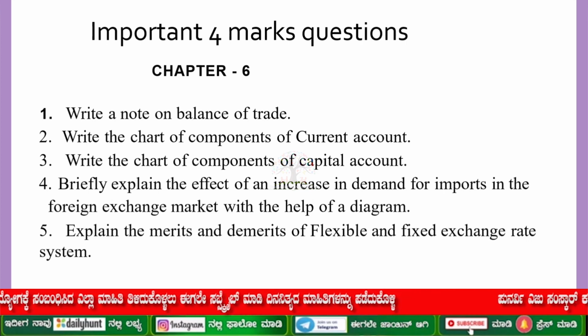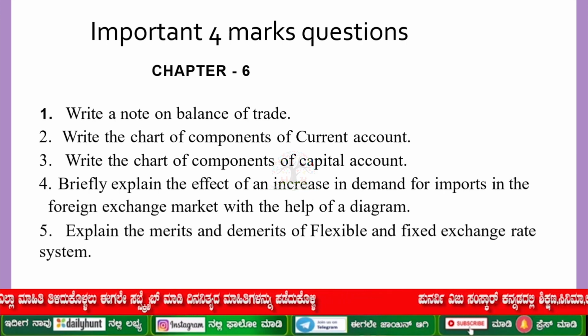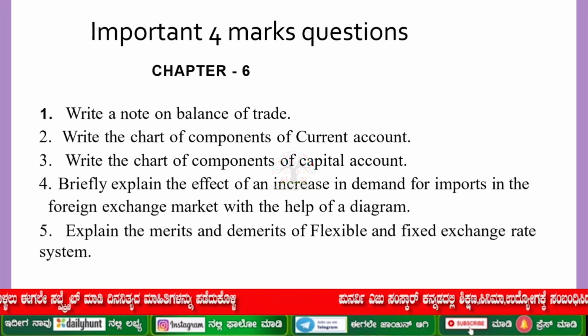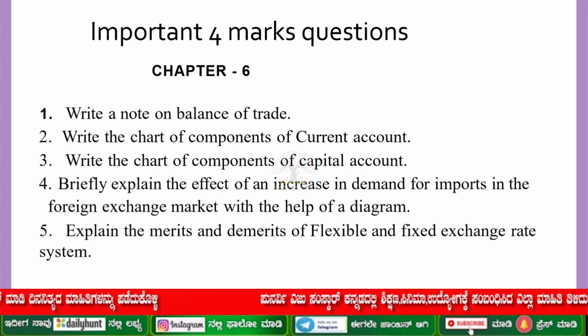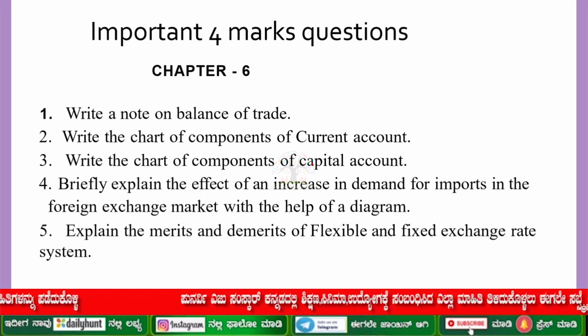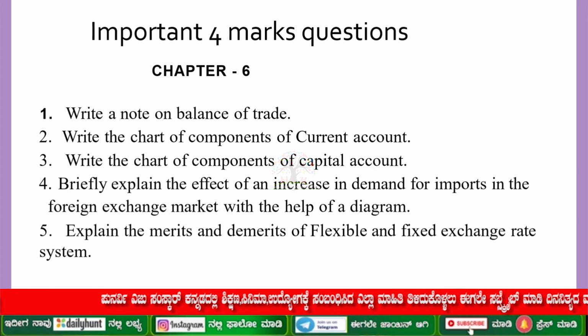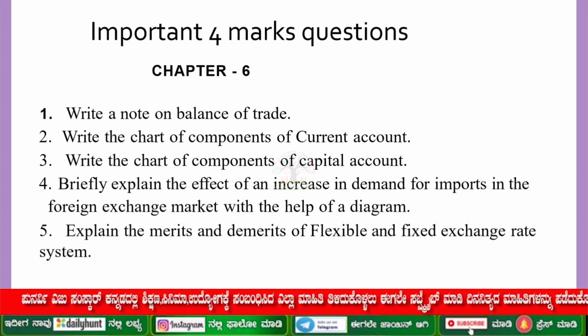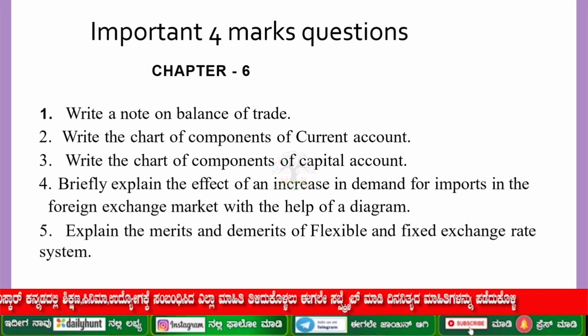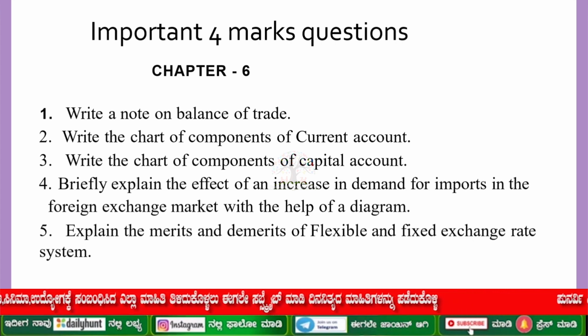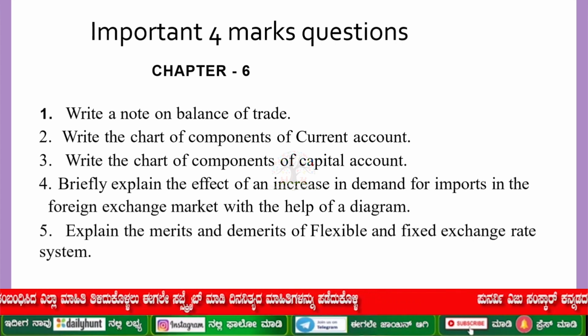Then last chapter, open economy. From this chapter, 1 4-mark question you need to answer. There are 5 questions. One is write a note on balance of trade. Another one is the chart of current account or the chart of capital account.